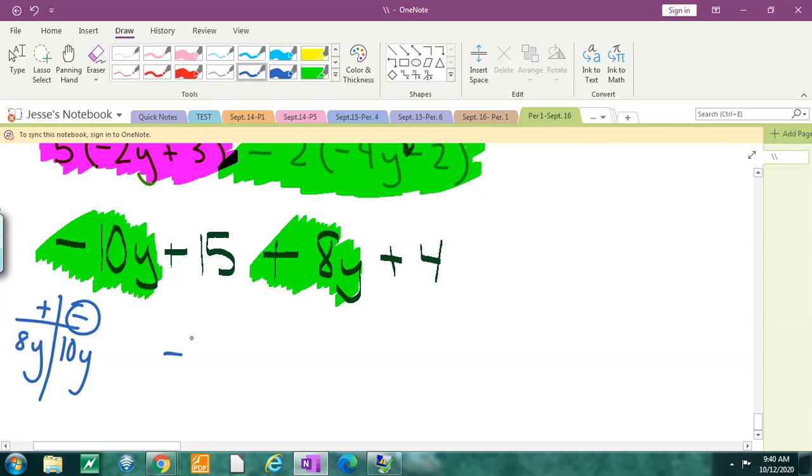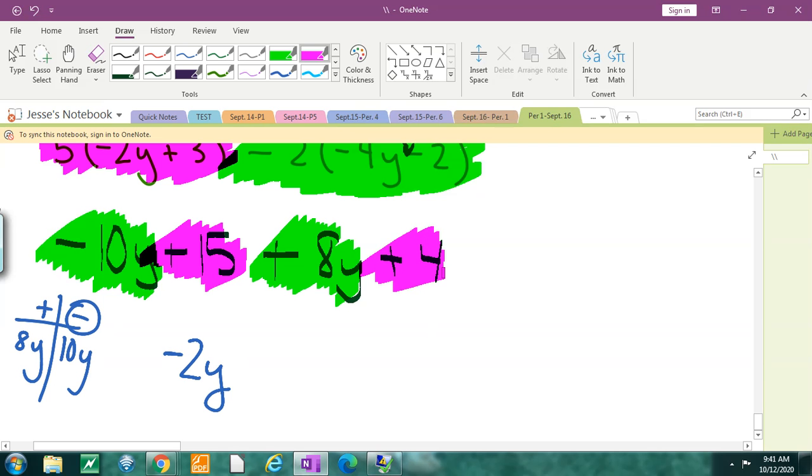Let's see. Anybody? Justin, what's my answer for that one? -10y plus 8y. -2. With the y, don't forget the y. Very good. And now I gotta combine the constants, right? The constants. So that's the 15 plus the 4.